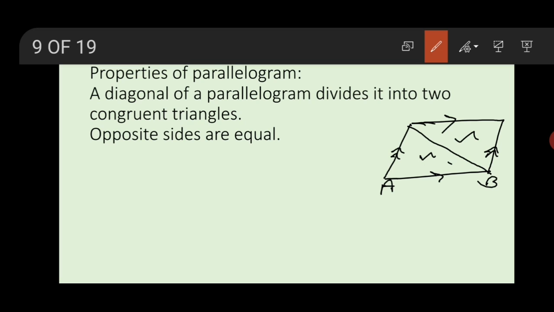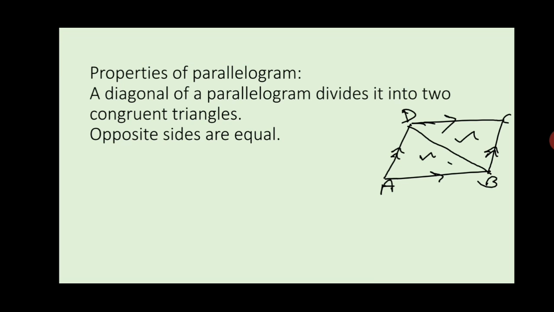See here, ABCD is a parallelogram, BD is a diagonal. This diagonal bisects the parallelogram into two congruent triangles. What are they? Triangle ABD and triangle BCD, right?